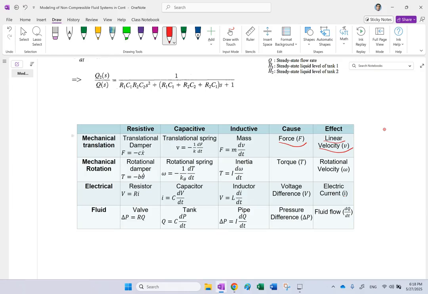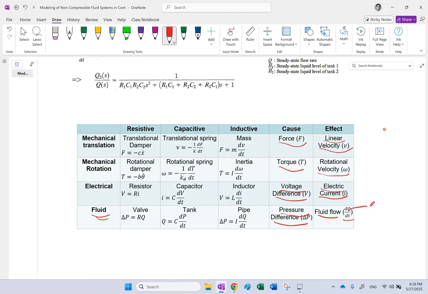In a rotary system, similarly, a torque is the cause of the motion, and angular velocity, or rotational velocity, is the effect. In an electrical system, the source of motion for electrons is a voltage difference, and the result is an electric current, or motion of the electrons. Now, in a fluid system, the reason for motion is a pressure difference between two points, and the result is a fluid flow or flow rate, like Q.